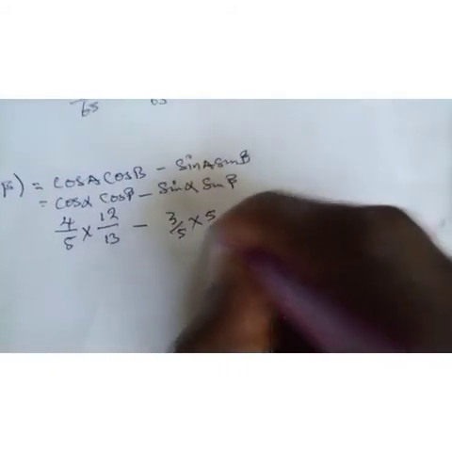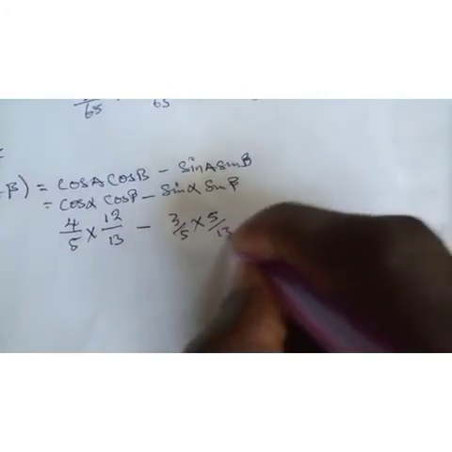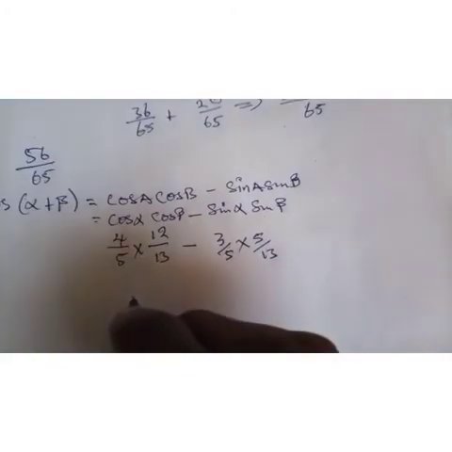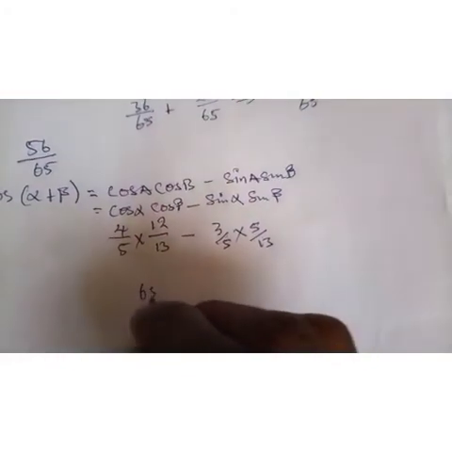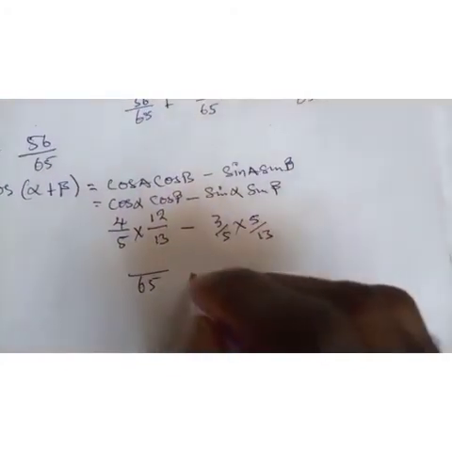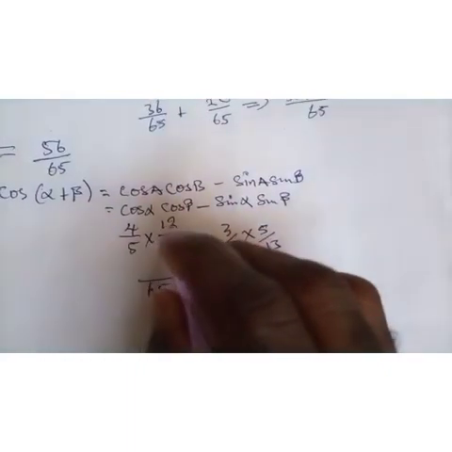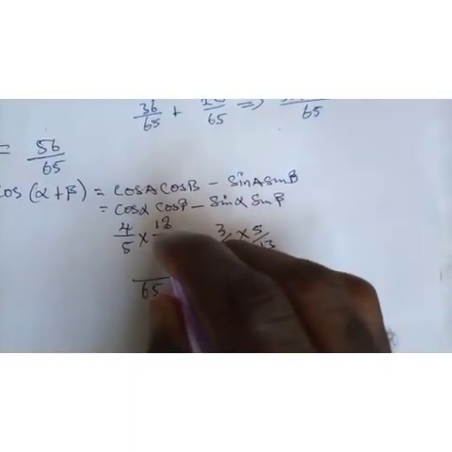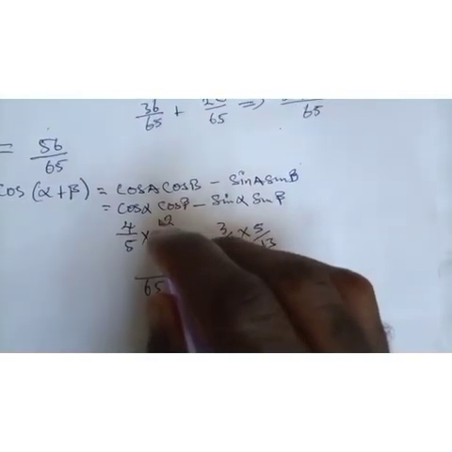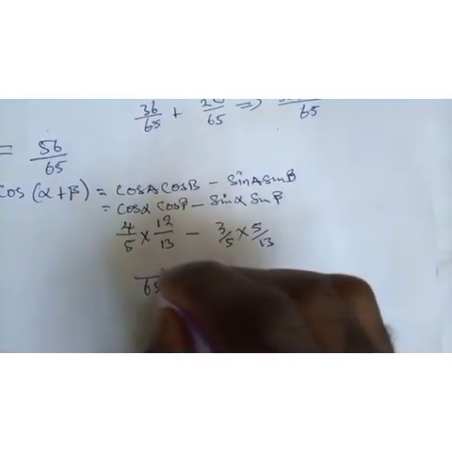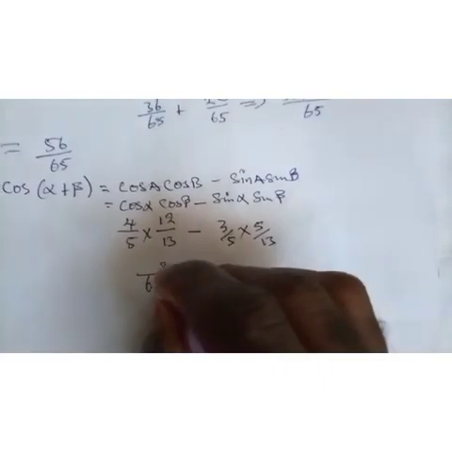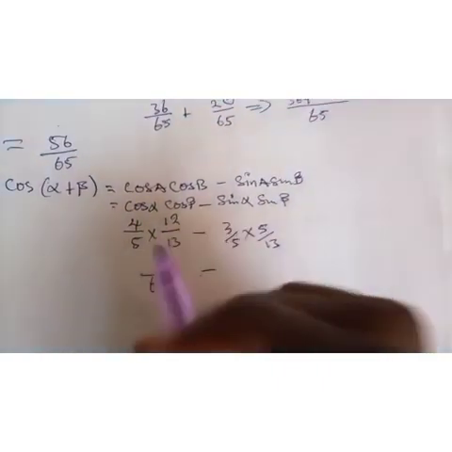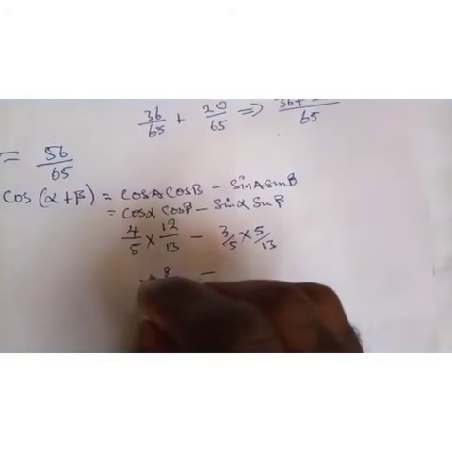When you multiply the denominators you have 65. Multiplying 4 times 12 gives you 48.